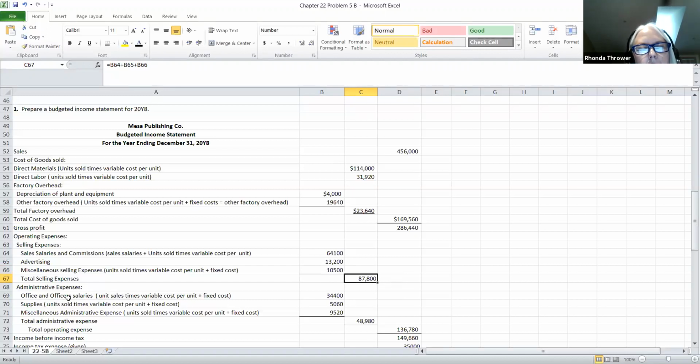The administrative expenses, there were a list of those too that you had to keep up with. Office and officer salaries are made up of both variable cost and fixed cost.